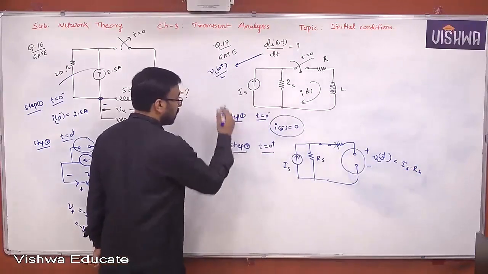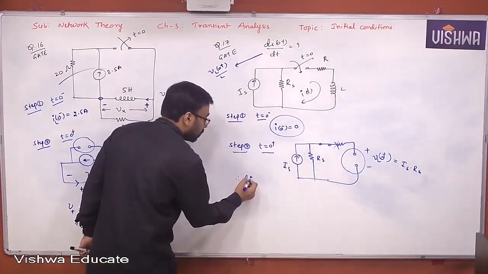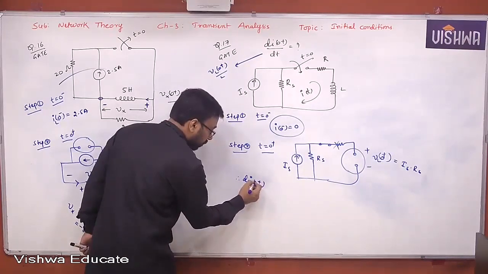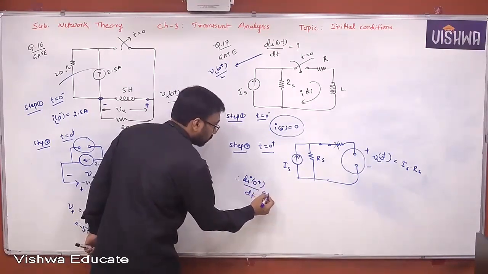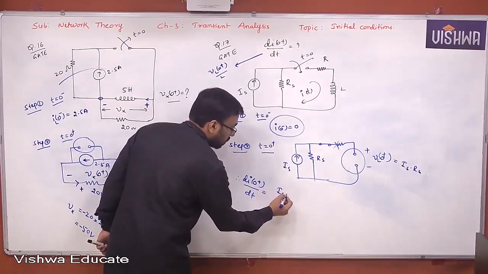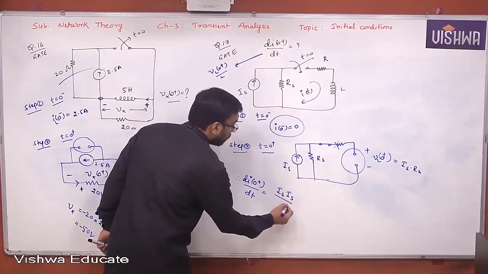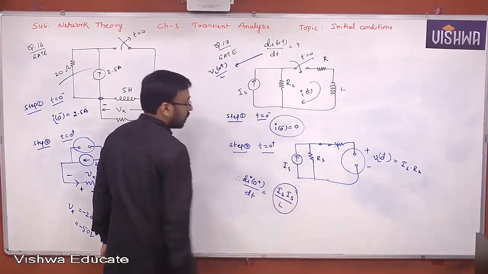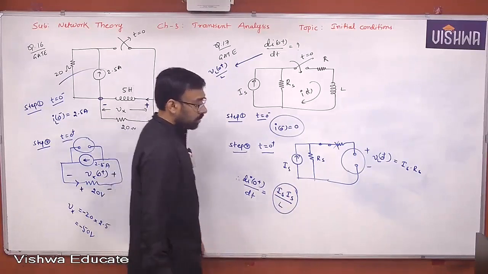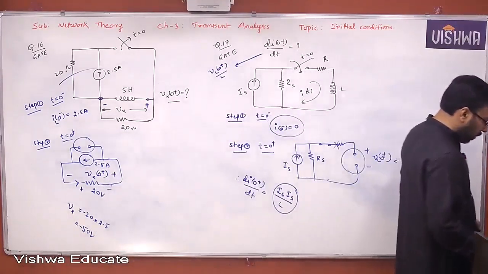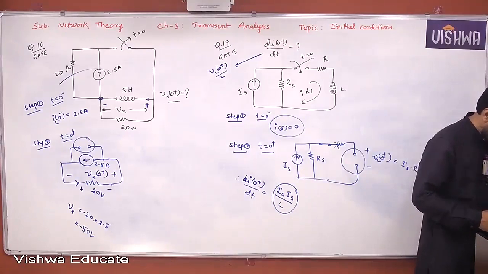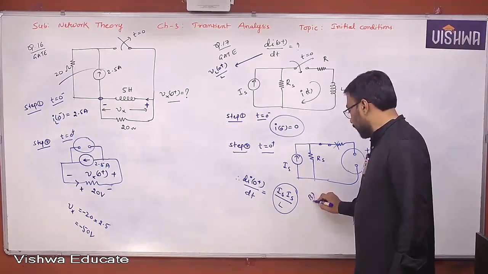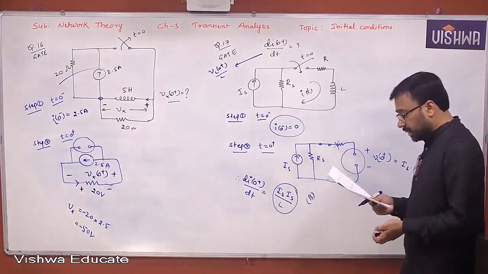Therefore if you substitute that in the formula, di of 0 plus by dt is equal to IS RS by L. So VL of 0 plus is IS RS by L. Option B is the correct answer. Okay, option B. That was given in the 4 options.